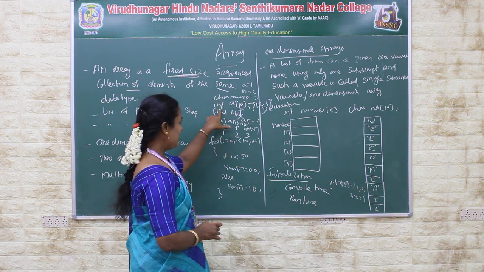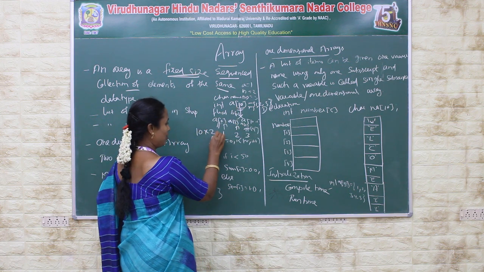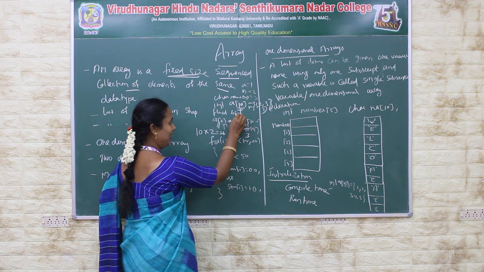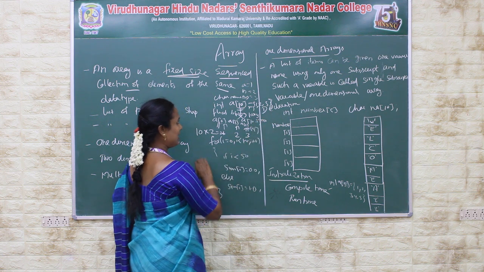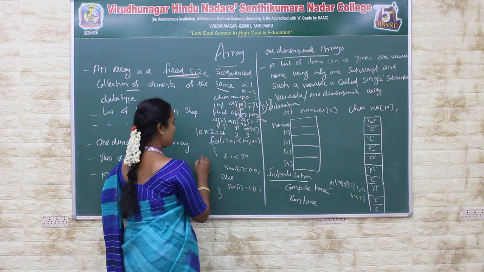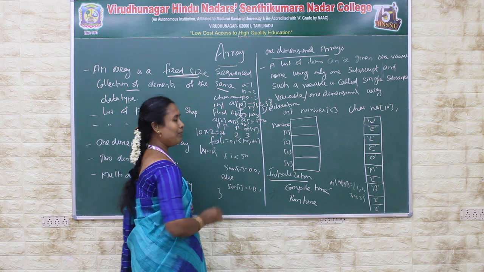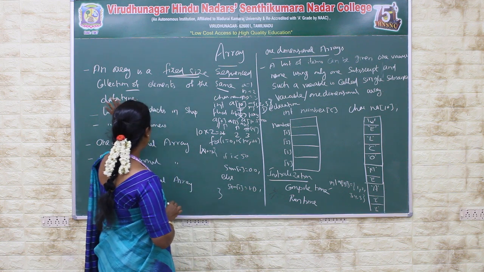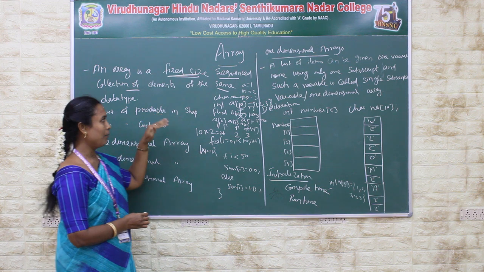An integer array of 10 elements needs 2 bytes each, so 20 bytes in total. A float array of 10 elements needs 10 into 4 bytes, which is 40 bytes. Character name of 10 needs 1 byte each, so 1 into 10 bytes. Based on the data type, the memory size is allocated for the variables. So an array is a fixed size sequenced collection of elements of the same data type.